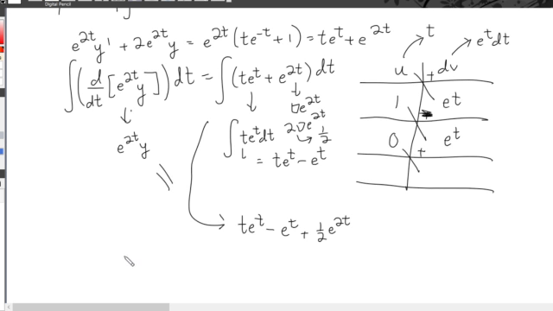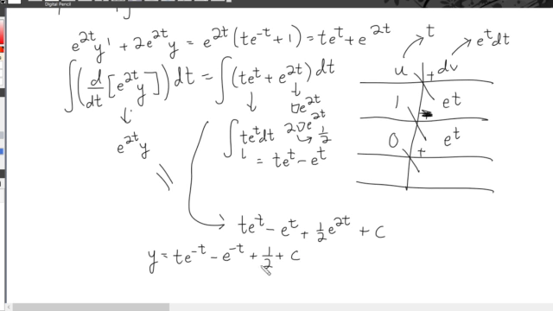So then to solve for y, oh, and also plus c. Almost forgot. Okay, so to solve for y, we just divide both sides by e to the power of 2t. And so this is t times e to the power of negative t now, minus e to the power of negative t plus 1/2 plus c.